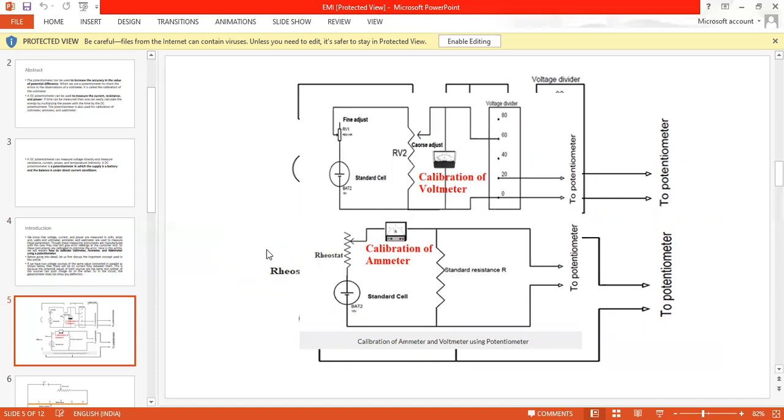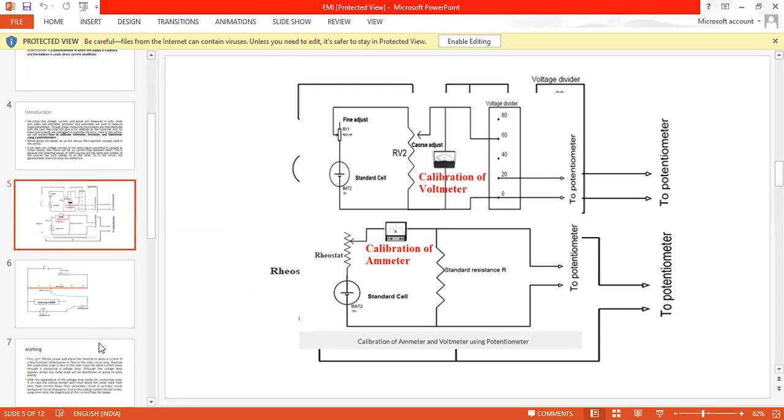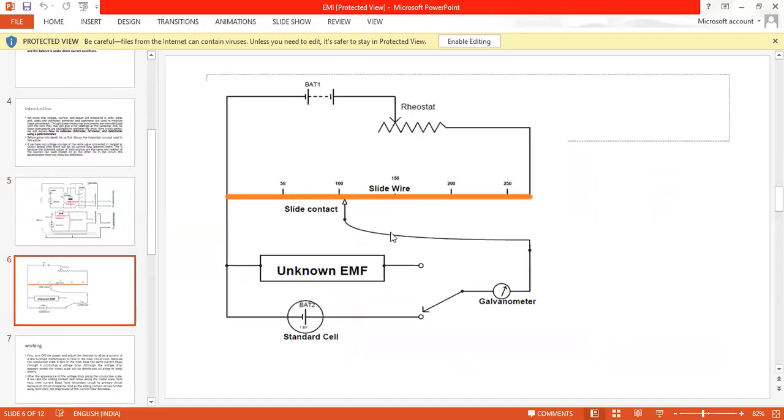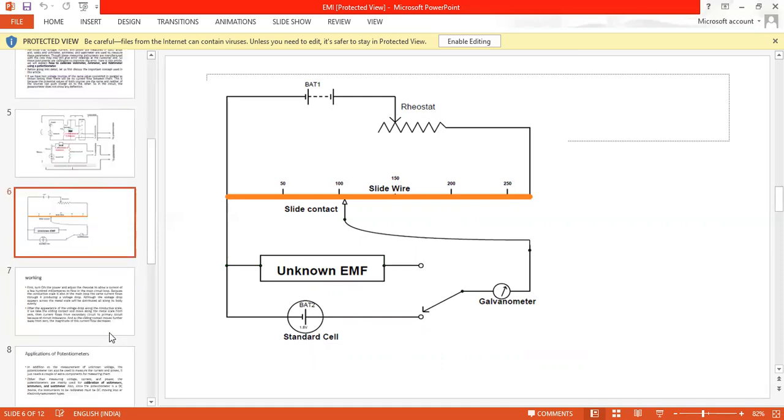Like these, many parts are involved in the construction of the potentiometer. The following picture tells about the unknown EMF calculation, and this can be done by applying a galvanometer in series with the cell. A slight quantity is present where it is being measured.